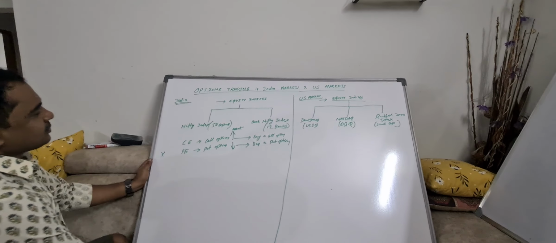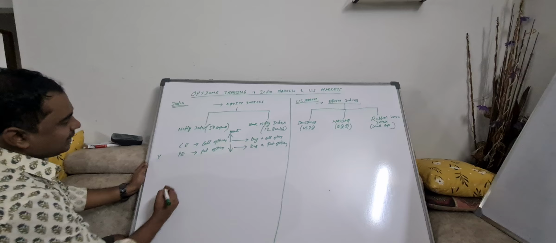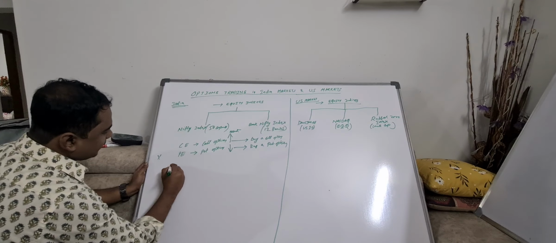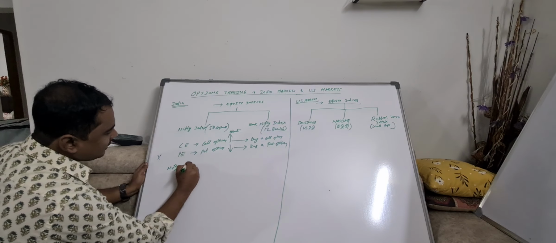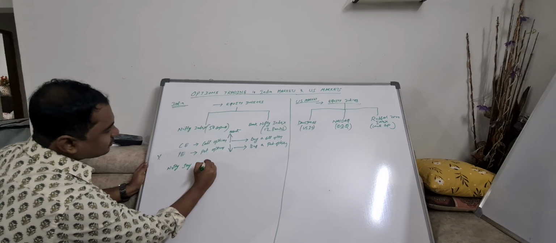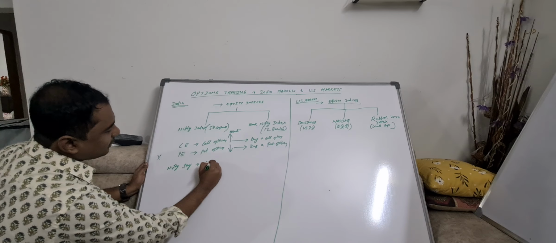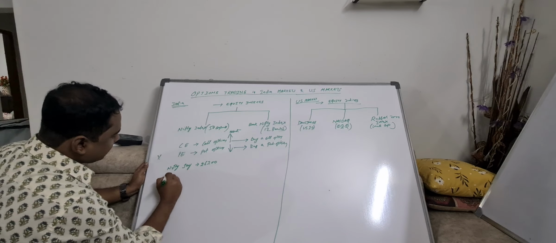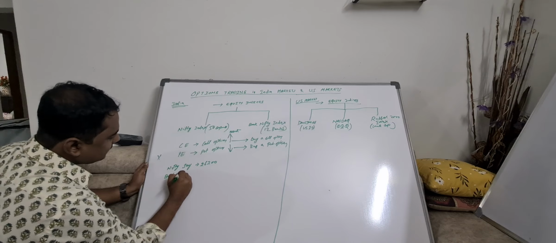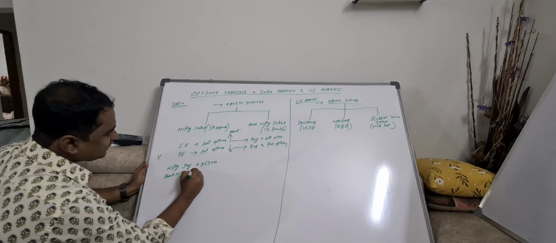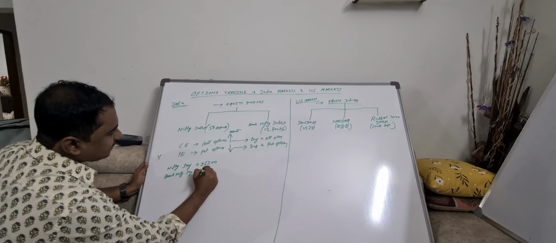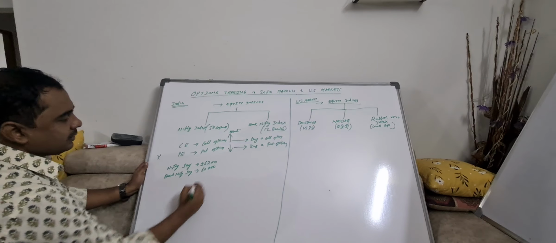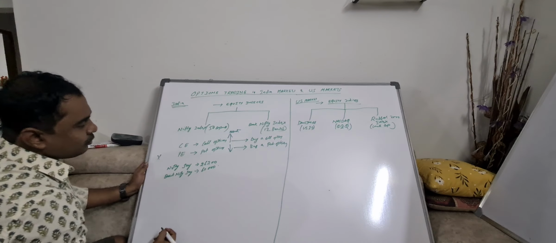Now coming to options in India. Currently, let's say the Nifty is trading at 26,200, and Bank Nifty is trading at say 60,000.